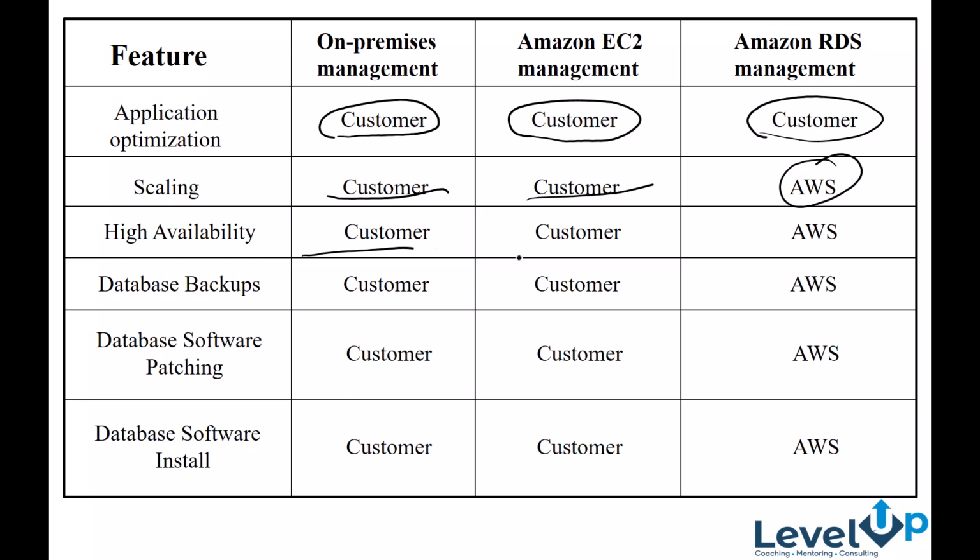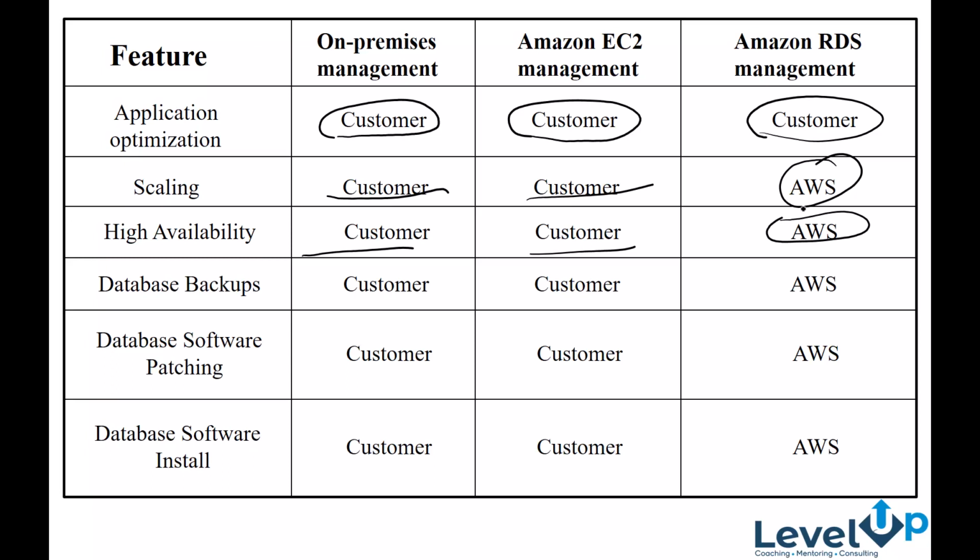High availability has to be configured by the customer in the case of EC2 and on premises. But in the case of RDS, when we are creating an RDS, we can choose an option called high availability. That's it, and HA is configured for you. The rest of the things AWS will take care of. Now, taking database backups is one of the primary tasks of database administrators.